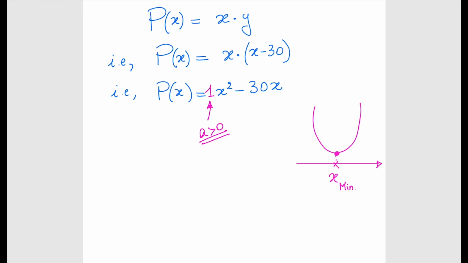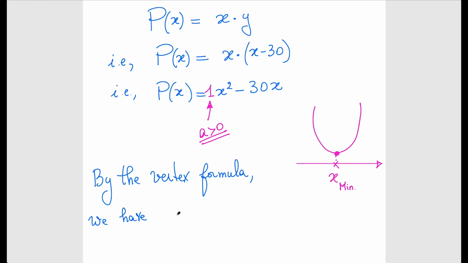So by the vertex formula, we have that x min, the x coordinate of the vertex, is equal to minus b over 2a, right?